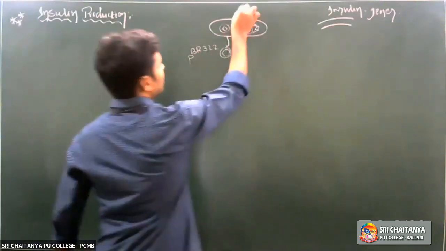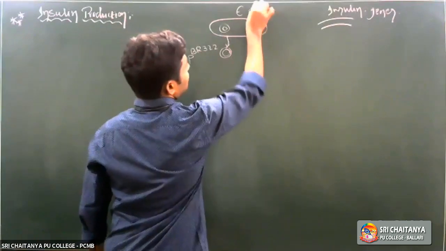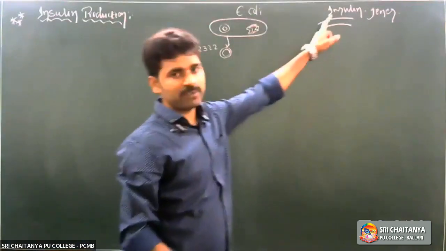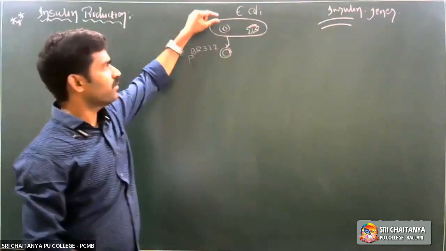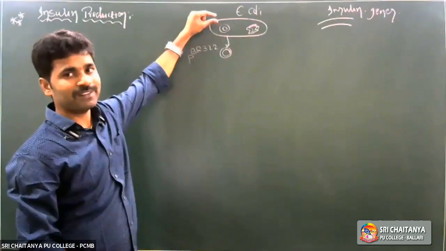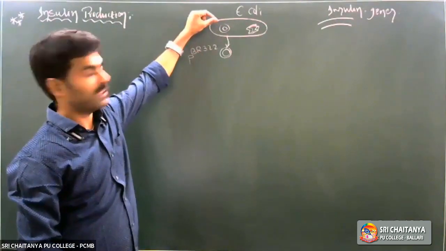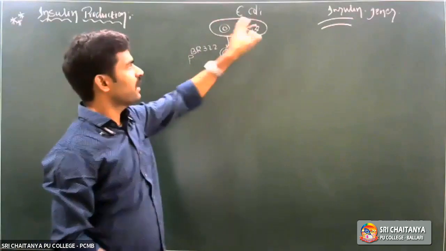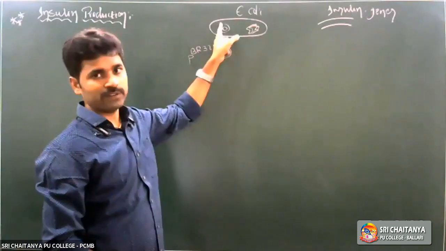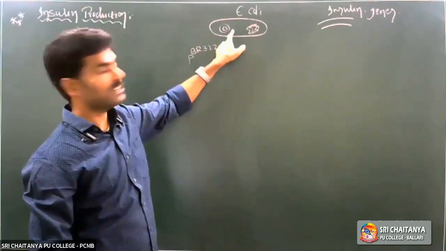Is it clear? We collected the desirable genetic material from the pancreatic cells. Again, we collected E. coli cells from the large intestine. E. coli has a nucleoid and plasmid. What is a plasmid?